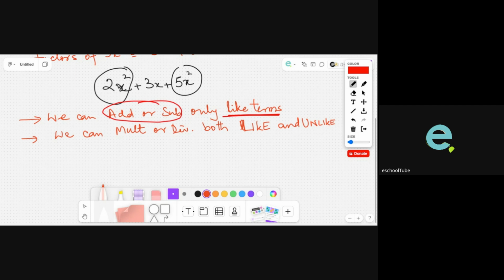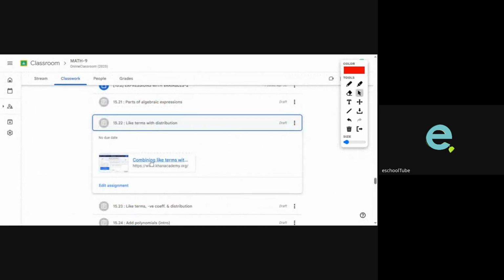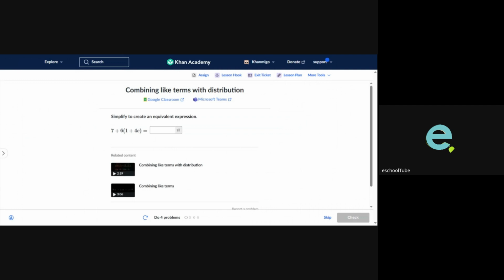ठीक है? So let's go back to this. Combining like terms. अब like terms को you have to combine. Again, these are very simple. Simple exercise. Simplify to create an equivalent expression. तो इसमें क्या है? 7 plus 6.